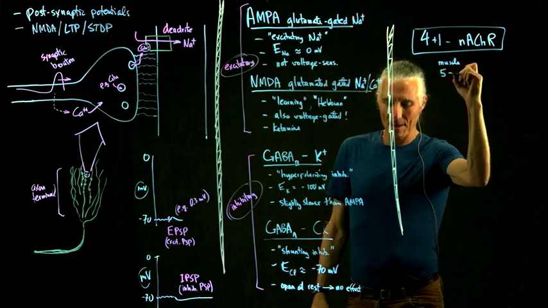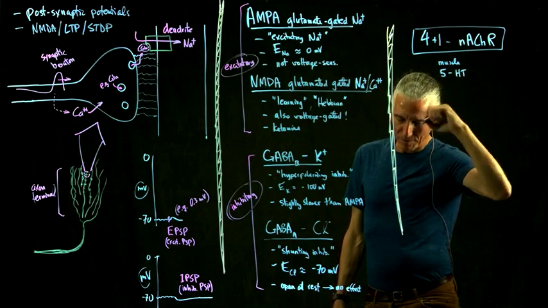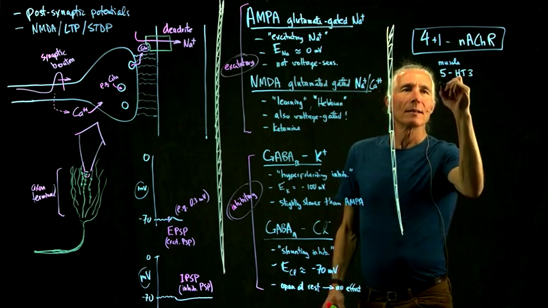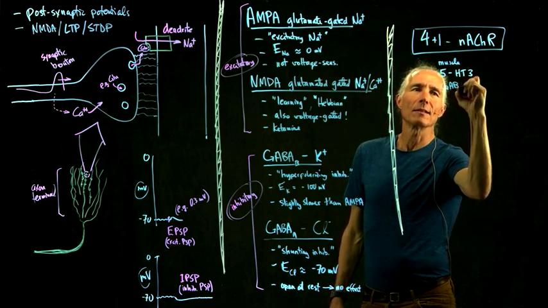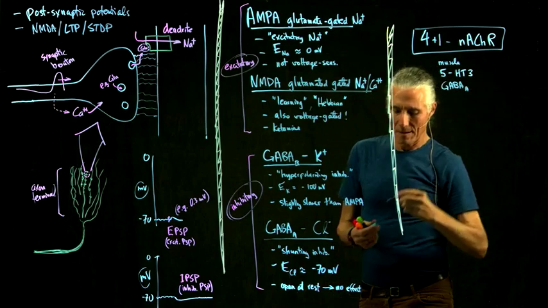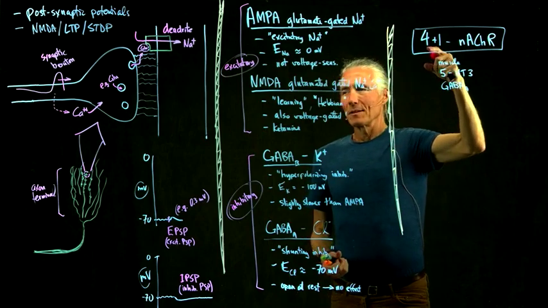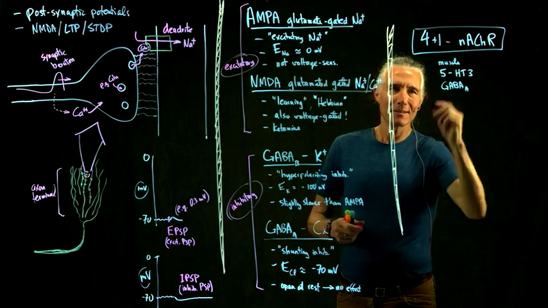There's some serotonin related, these 5-hydroxytryptamine channel number 3. That's another example. But another example is the GABA-A channel. So the GABA-A channel is one of these. And so you can see that the particular structural group that the channel falls under doesn't define its function.